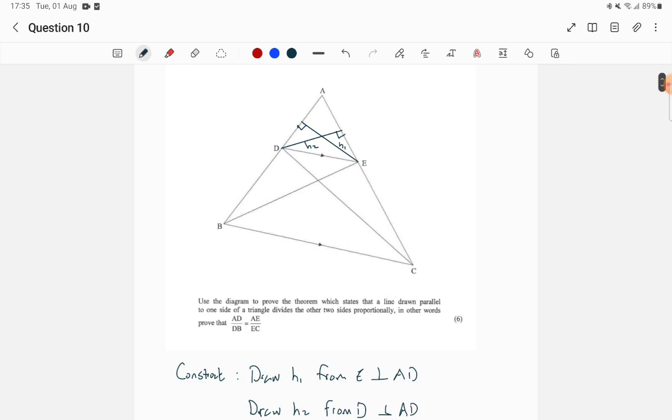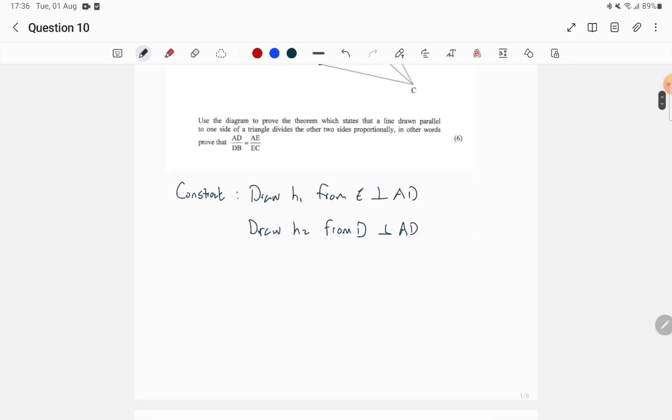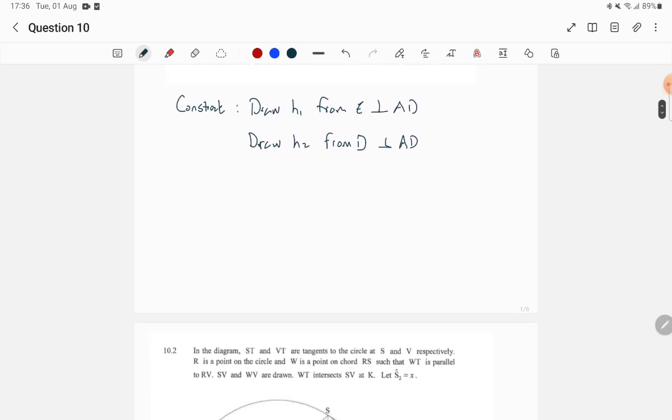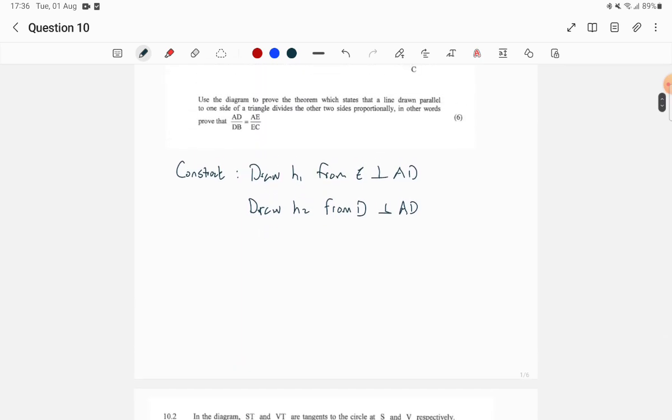Okay, so then after that, let's make a note here. So H1 is from E. So that's H1 here, and that's H2. Okay, so once we've constructed, our proof itself is applying the area rule.